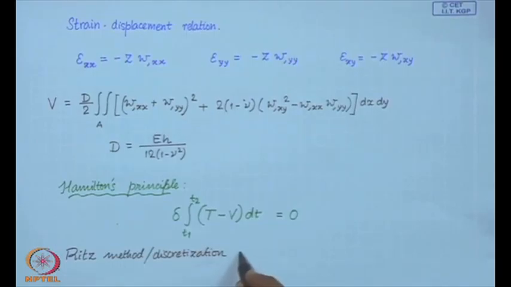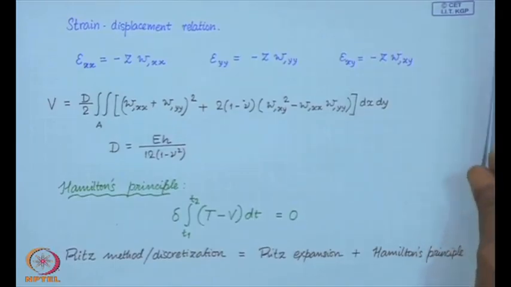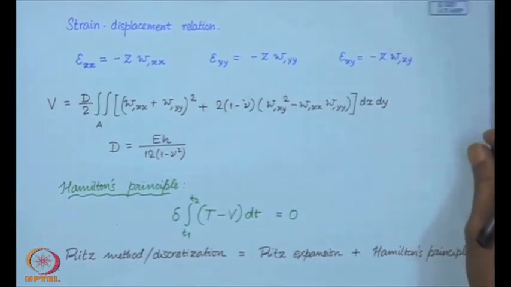The Ritz method requires the Ritz expansion plus Hamilton's principle. These two lead us to the discretization of the dynamics.